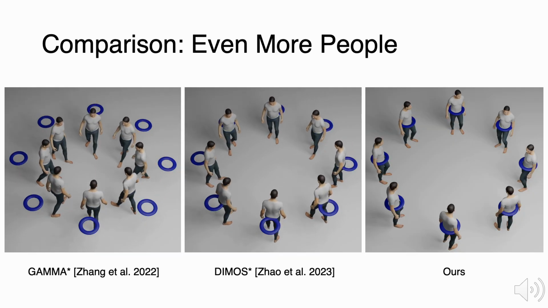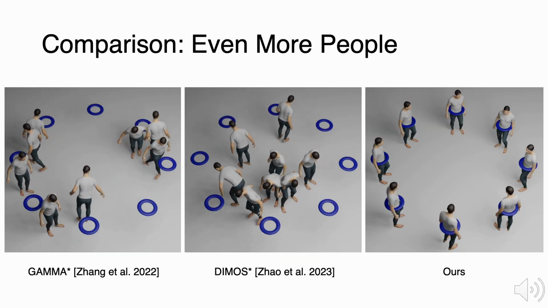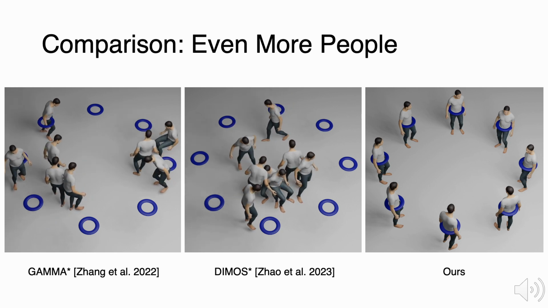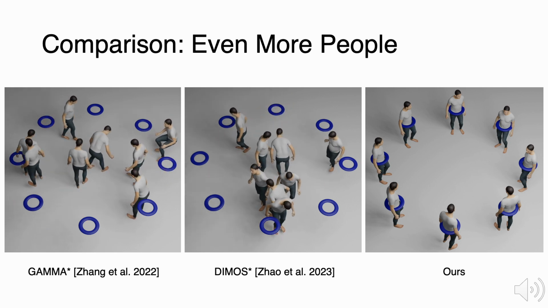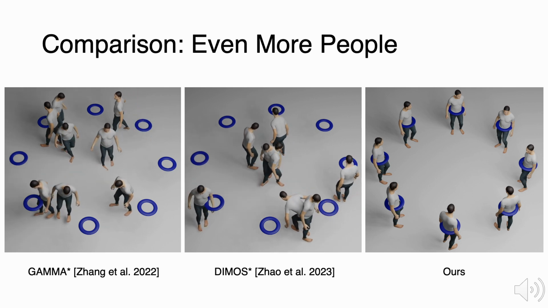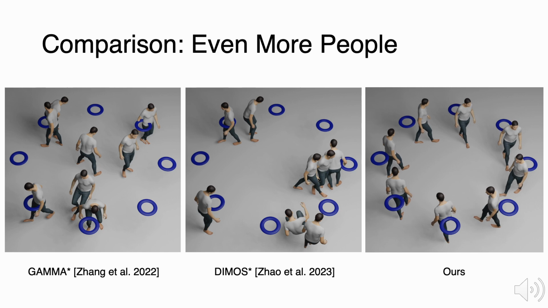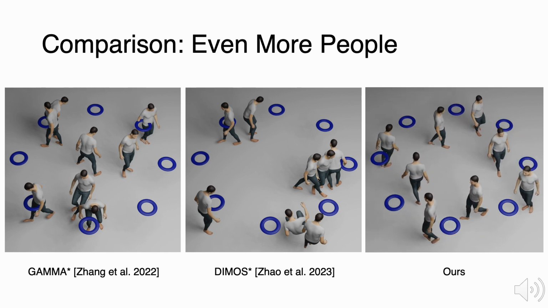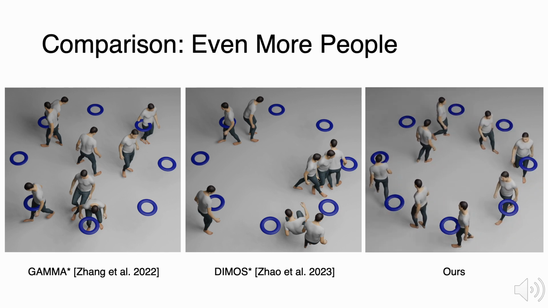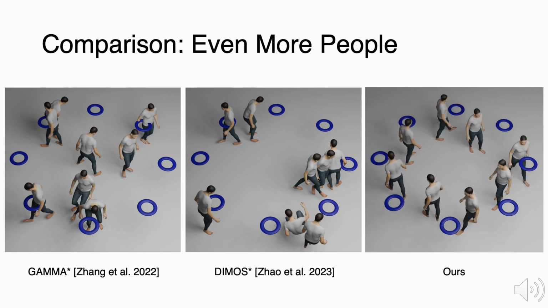Here we further compare previous works with our model in a crowded setting. The task is to synthesize the motion of 8 humans switching locations, with each individual reaching the target located across the circle's center. Previous works failed completely. Even though our model is only trained on static scenes, we can generalize to more complex tasks not encountered during training and exhibit higher motion quality.